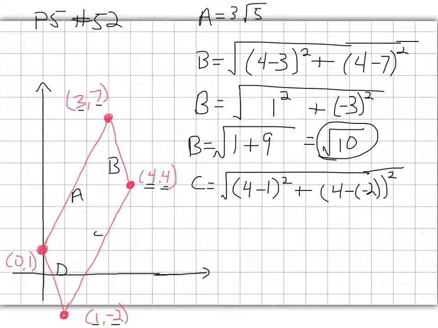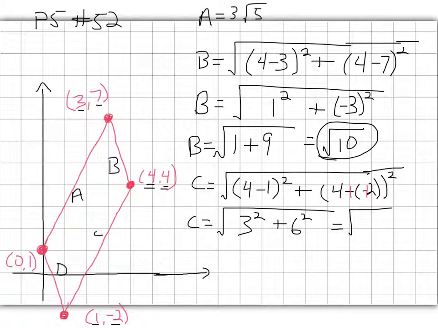Minus a negative 2, well, minusing a negative is adding a positive. So C comes out to be the square root of 4 minus 1 is 3 squared. 4 plus 2 is 6 squared, which is the square root of 9 plus 6 squared is 36.